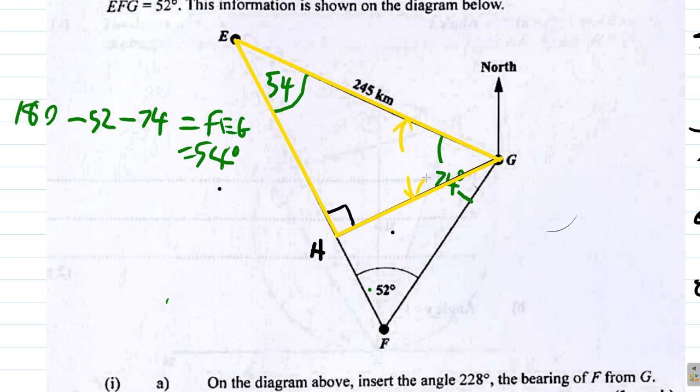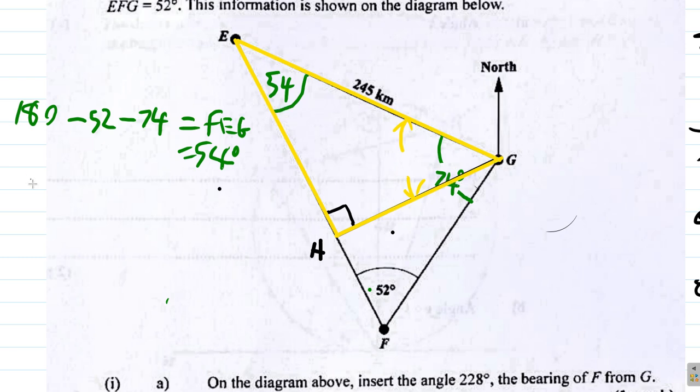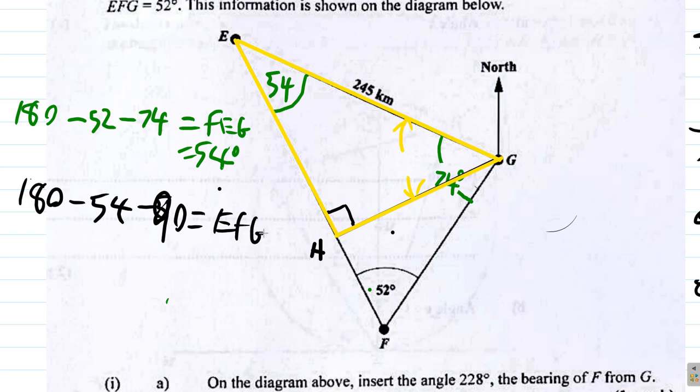The three angles give us 180, so you take 54 off 180, and then take the 90 off it. What you have left is angle EFG. This angle right here.